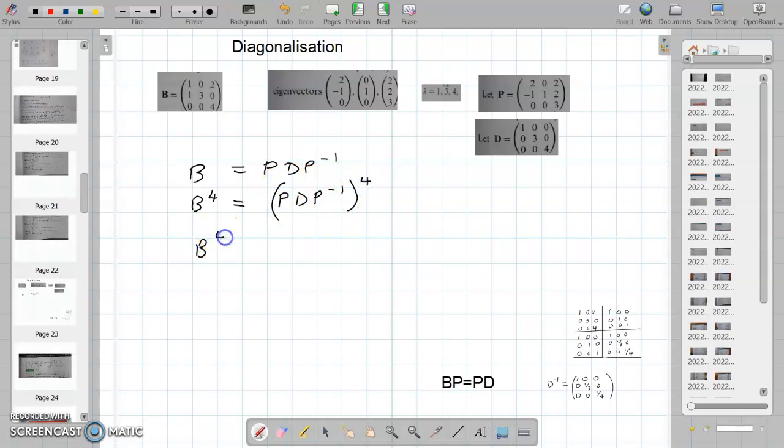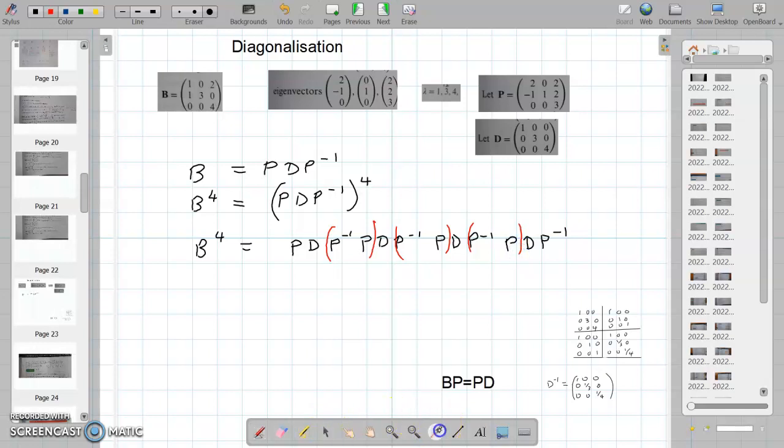Now let's expand the brackets. So we've got PDP to the minus 1 multiplied by PDP to the minus 1 multiplied by PDP to the minus 1 multiplied by PDP to the minus 1. Now if you look at it, we can group the inverse with the P there and there and there.